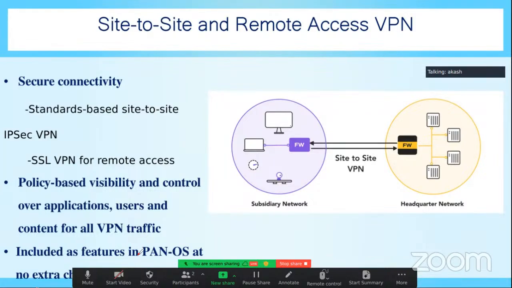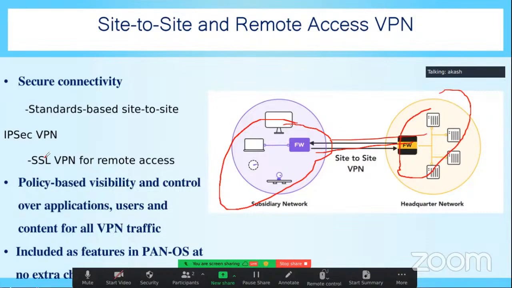We can create a secure tunnel in our infrastructure, and we can make sure whatever data is traversing between both the locations will be encrypted. So we can create a site to site VPN, right?